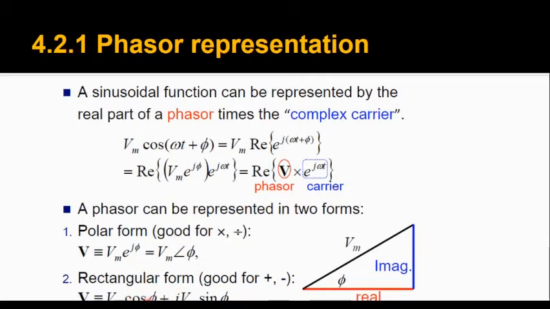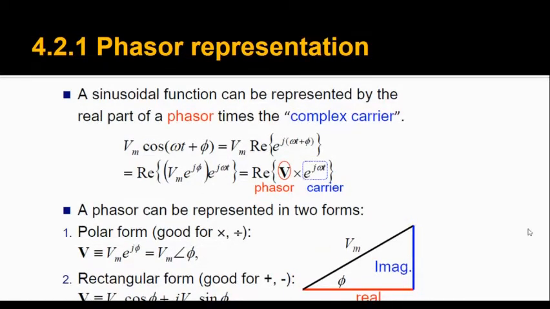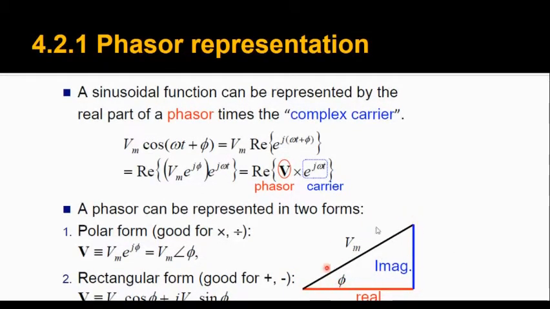In the rectangular form, you can see that this is actually the real and also the imaginary part of your triangle over here, trigonometry. So you have Vm cos theta plus j Vm sin theta. This is the angle phi.